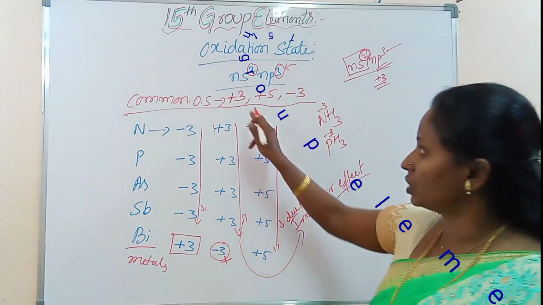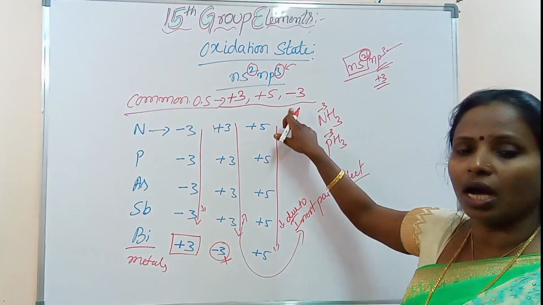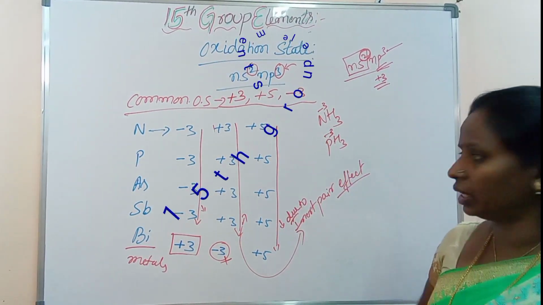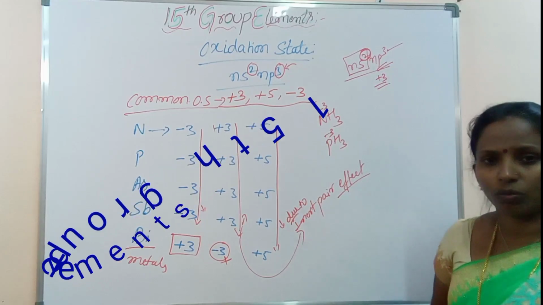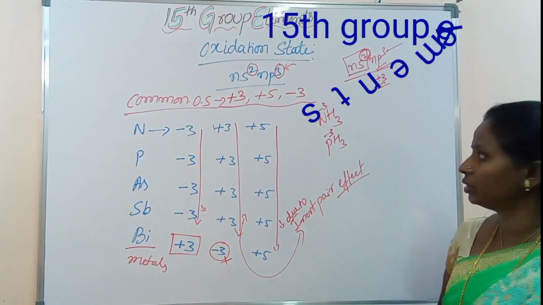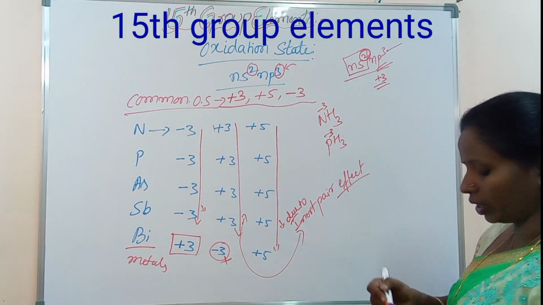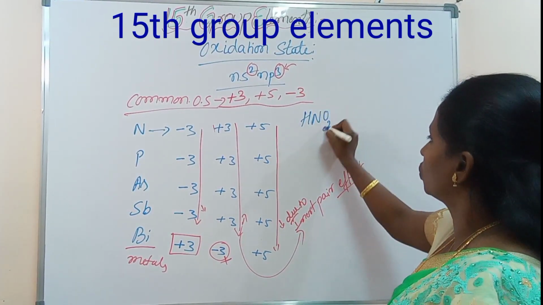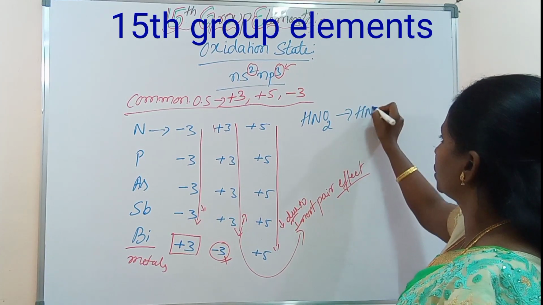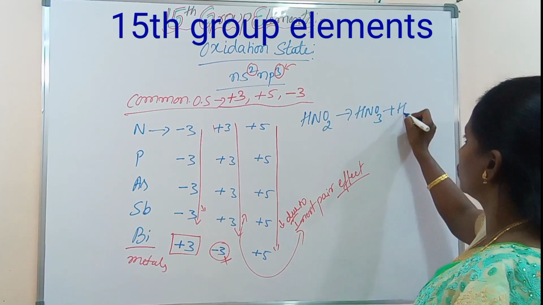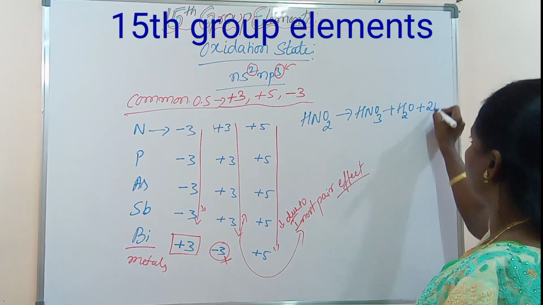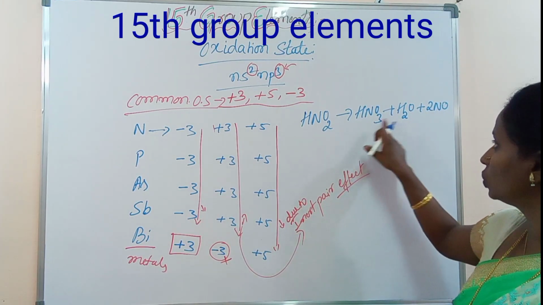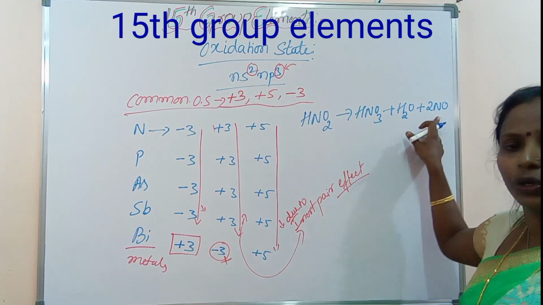So the common oxidation states are +5 and +3. Then they also undergo disproportionation reactions. All these elements are stable in disproportionation reactions. For example, for nitrogen, HNO2 gives HNO3 plus H2O plus 2NO.